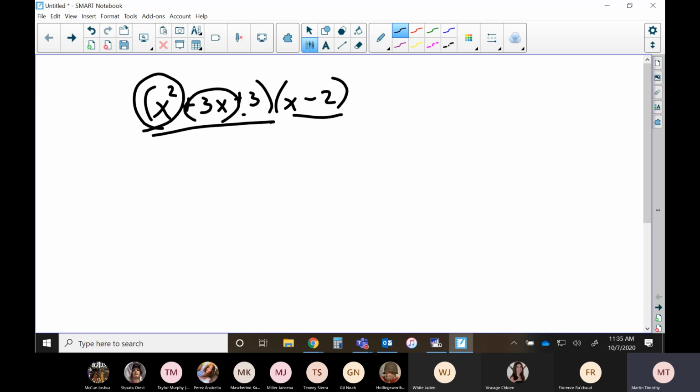So this x squared has to multiply by how many things? 2, by the x and by the negative 2. This plus 3x has to multiply by how many things? 2, the x and the negative 2. This plus 3 has to multiply by how many things? 2, those two things. So if you were doing this, you would do x squared times x.